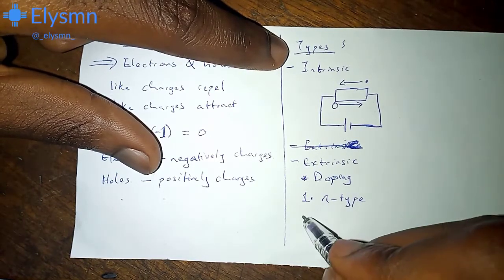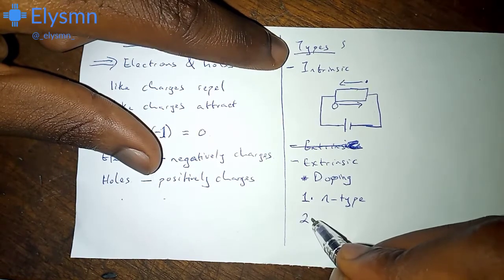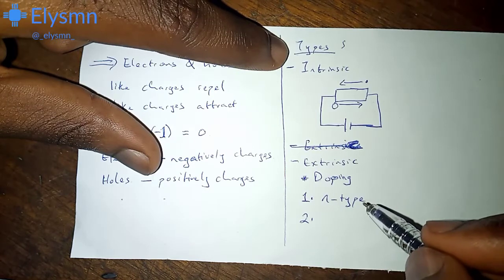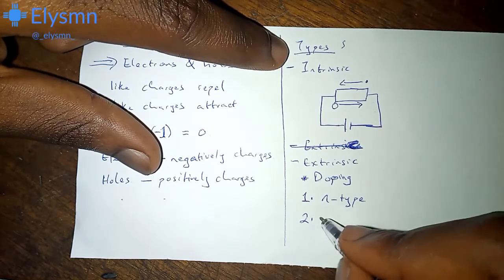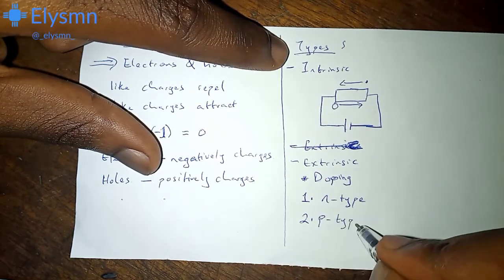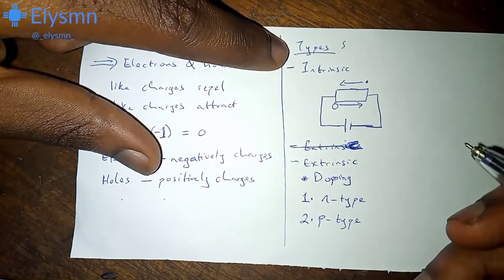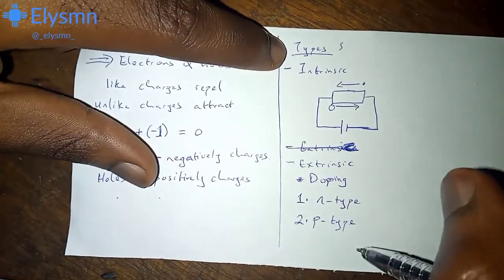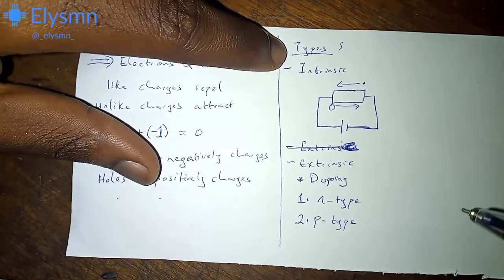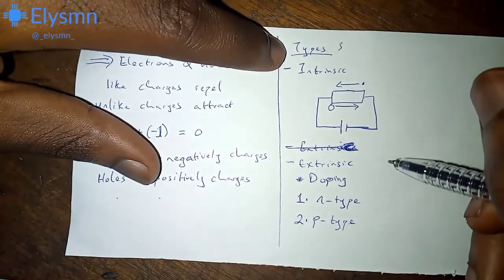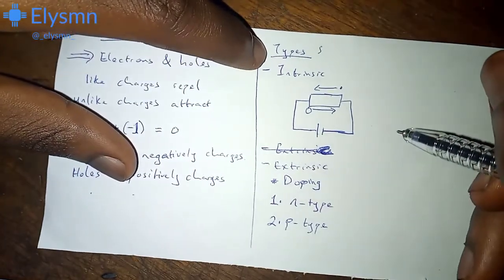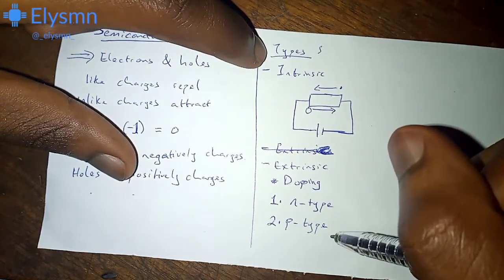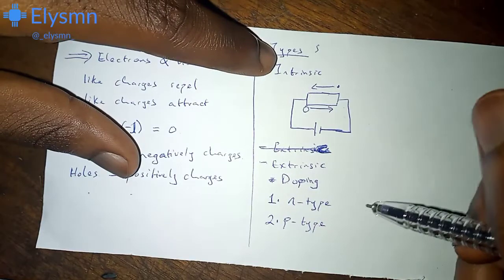And whenever you have a trivalent being used to dope a semiconductor, you have a p-type semiconductor, which means it has more holes because unlike the pentavalent elements, the trivalent elements are acceptors. So they cause the combination to have more holes than normal.